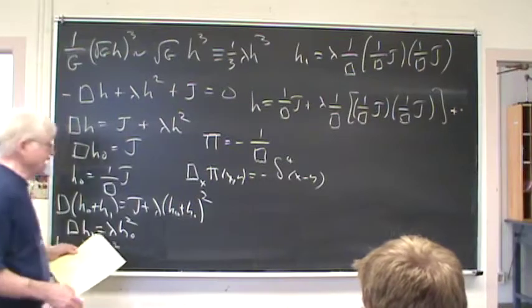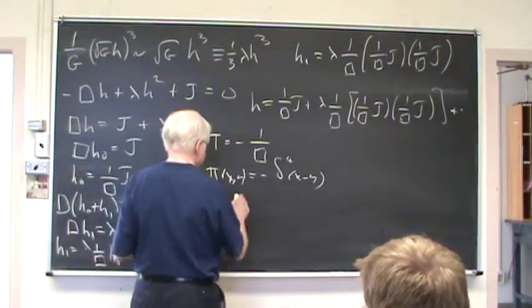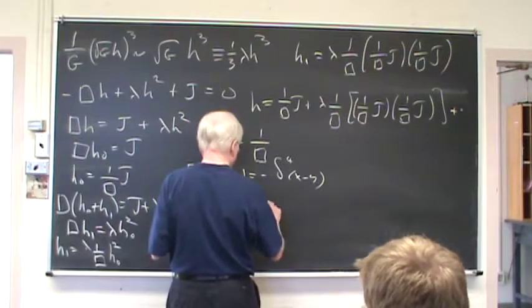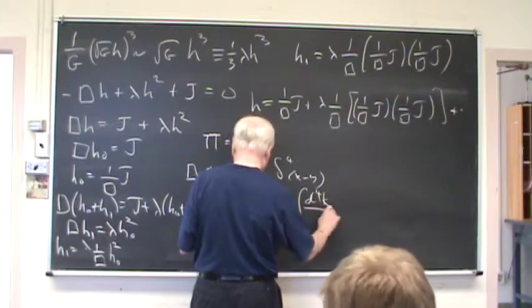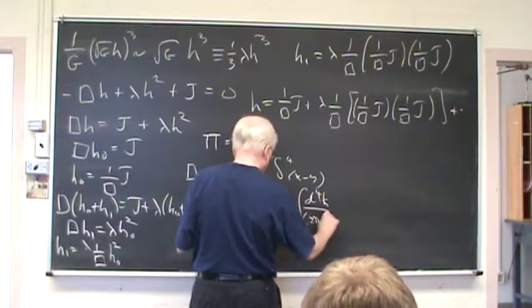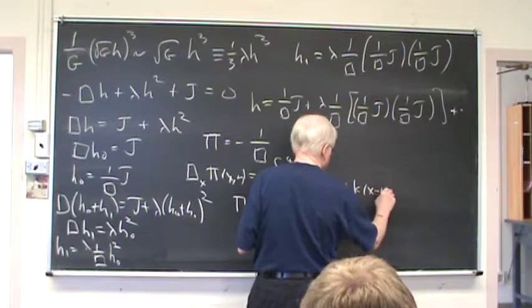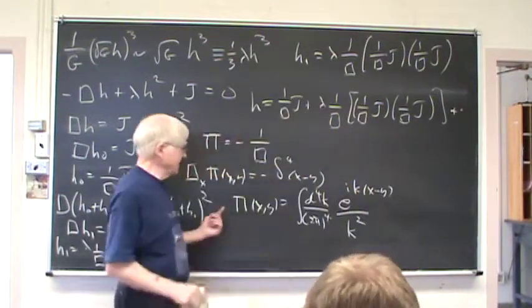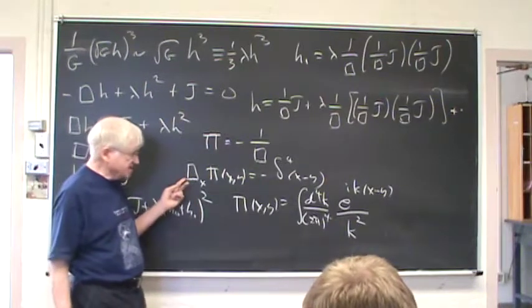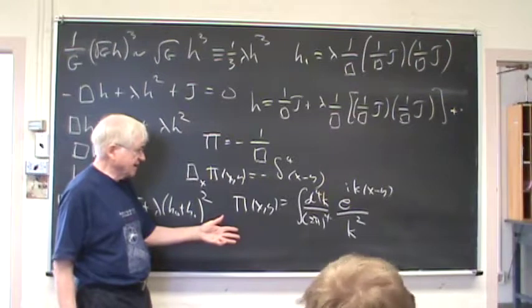And of course, we know what box is. All right, so what is this pi of x and y? Well, it's the integral d fourth k over 2 pi to the fourth, e to the i k times x minus y, over k squared, because now if we hit this with box, what we bring down is minus k squared.